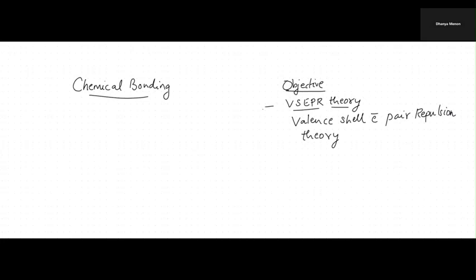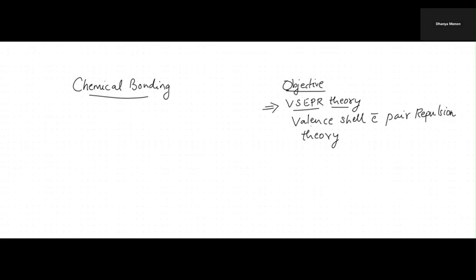With the help of VSEPR theory, which is nothing but valence shell electron pair repulsion theory, we can understand the shape of the molecule. Today we will be learning about the valence shell electron pair repulsion theory and how we can understand the shape of the molecule.